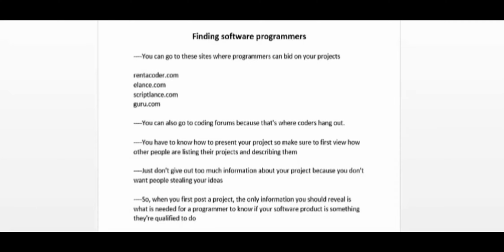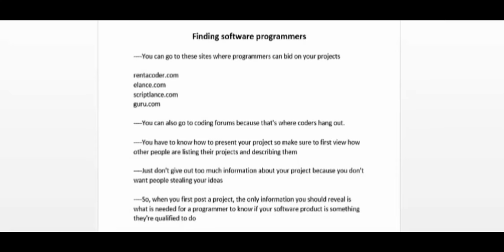Now let's talk about finding software programmers for your project. There are various sites where you can find programmers who will bid on your projects, and you can select the programmers based on the best price. But remember, you also have to make sure to select programmers based on their skills and how comfortable you feel working with them.